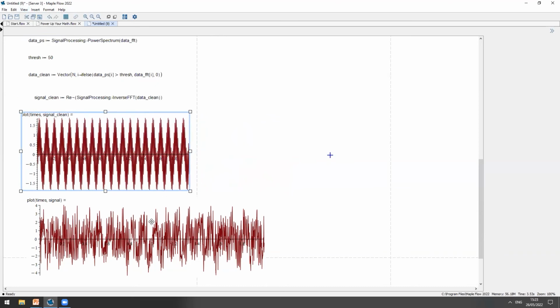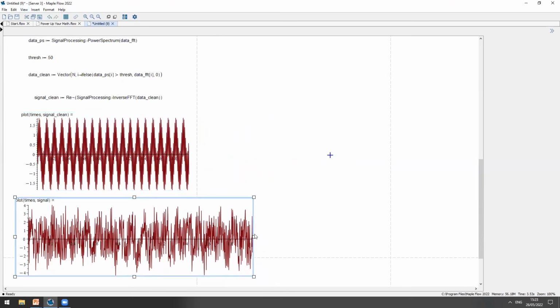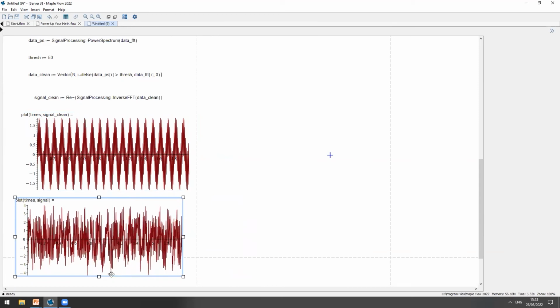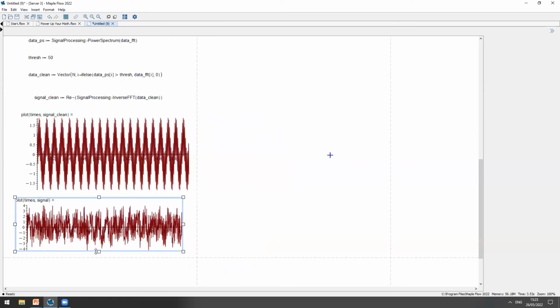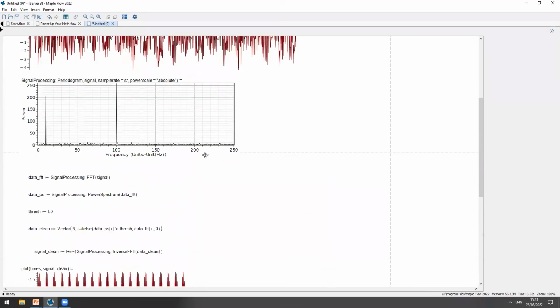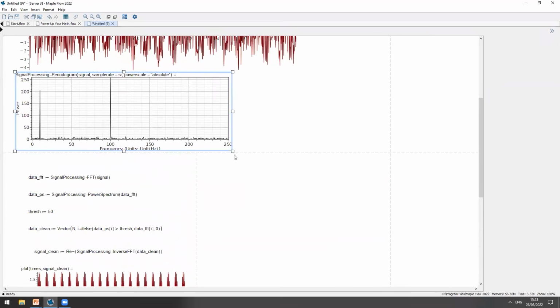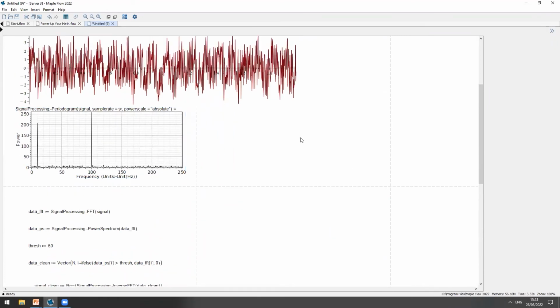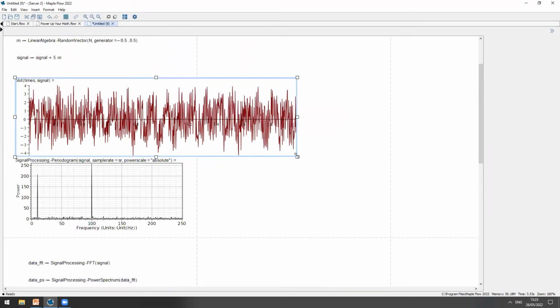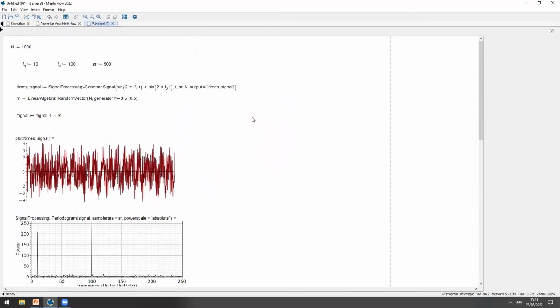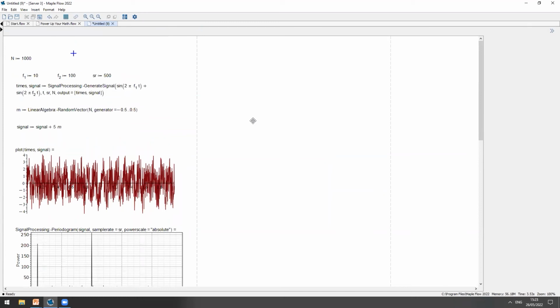So I'm just going to shift everything about, change the size of plot so everything fits neatly within a page boundary, including these two plots. I'll break this equation here so it doesn't spill over the line. I'll move it up. I could also add in some text comments as well.